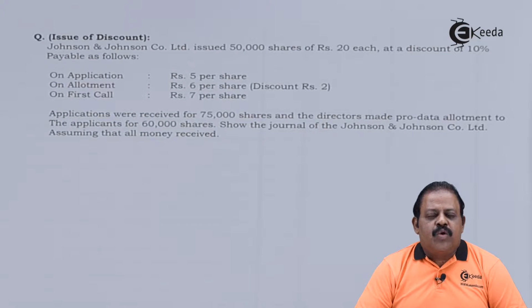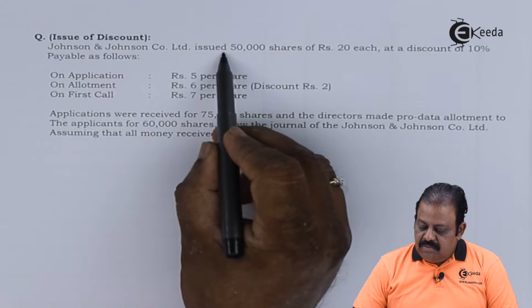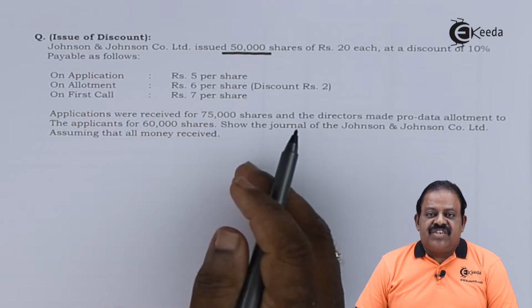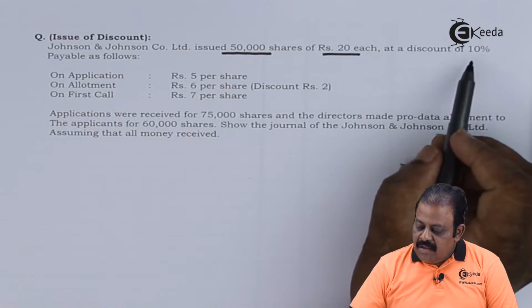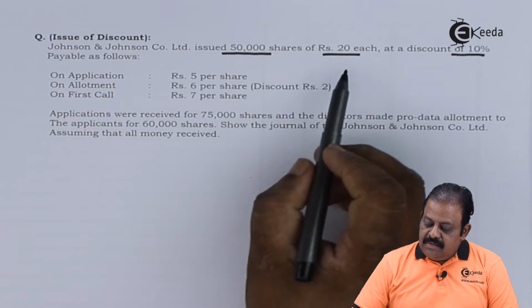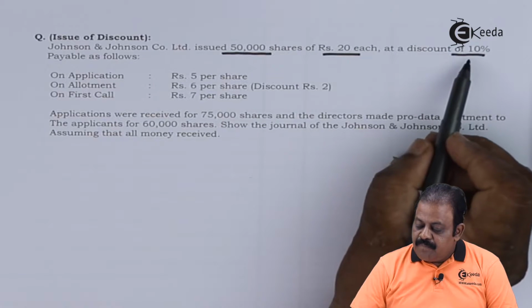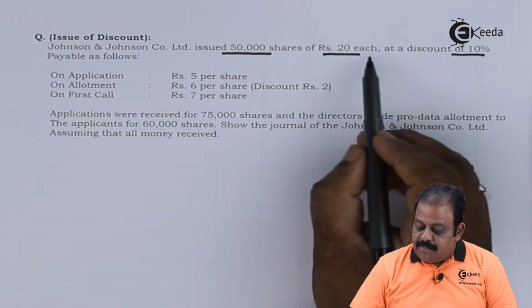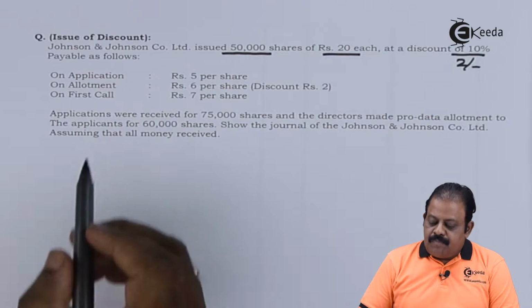Let us go through the question. Johnson & Johnson Company Limited issued 50,000 shares of rupees 20 each at a discount of 10%. Share is of rupees 20, that is the face value, nominal value. Discount is 10%. 10% of 20 rupees comes to 2 rupees.